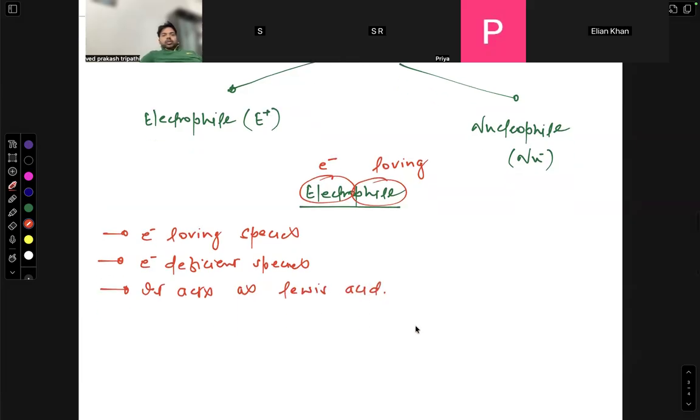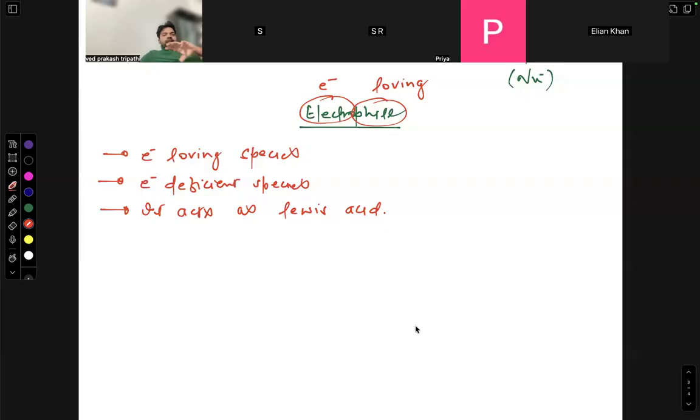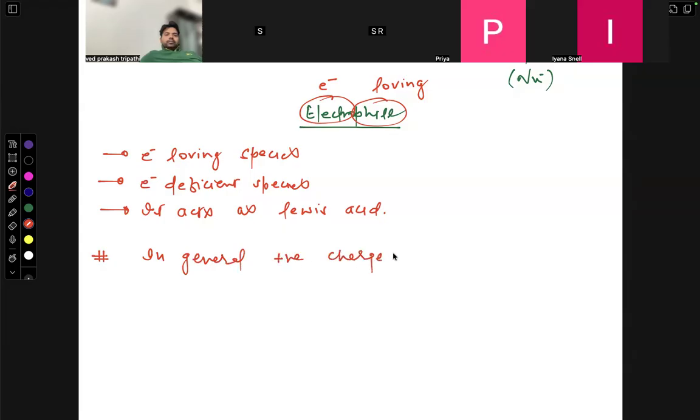Okay. So how we can recognize any species as electrophile? So we can say here the very first case. In general, positive charge containing species acts as electrophile.